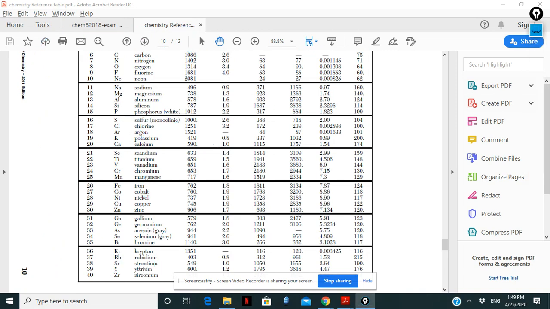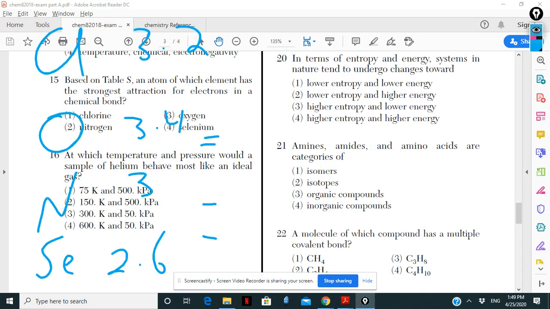Okay, so I get the values now. Now, which one has the most attraction force? It's oxygen, so the answer is 3.